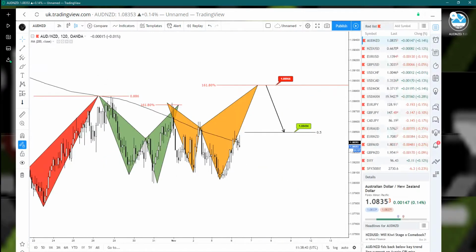So Aussie versus New Zealand, I will stay alert around a few points below this price level. I will take my alerts in consideration, and I will decide what to do once the price approaches that level.